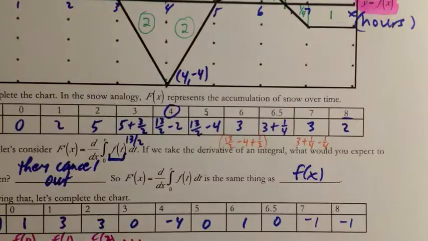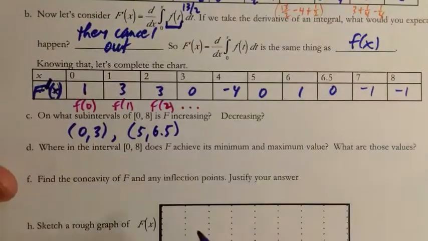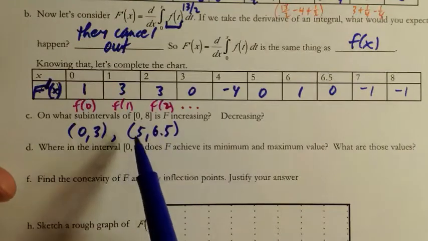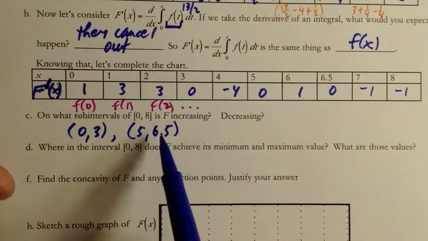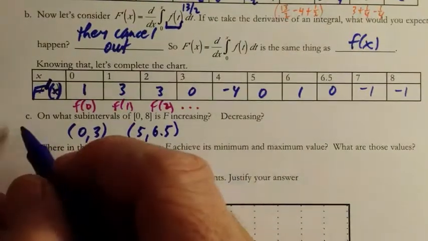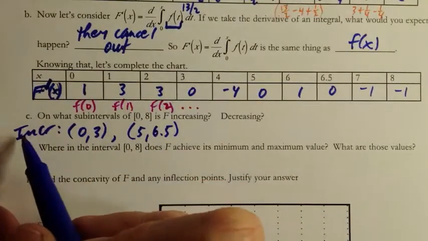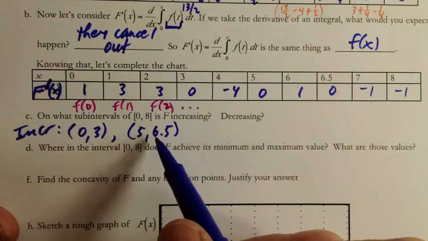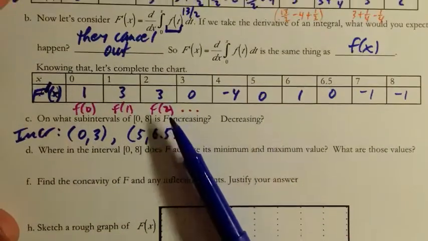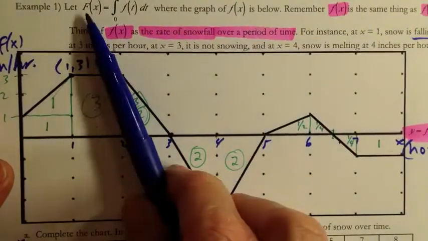Now I'm not trying to make light of this, because this is not easy to see. So it's increasing, meaning the snow level is increasing on these intervals. Capital F represents the snow level.